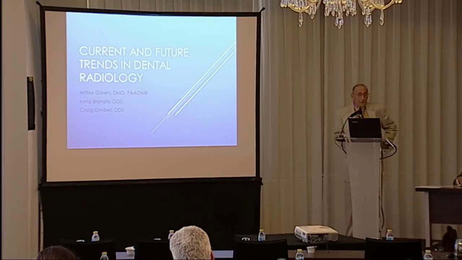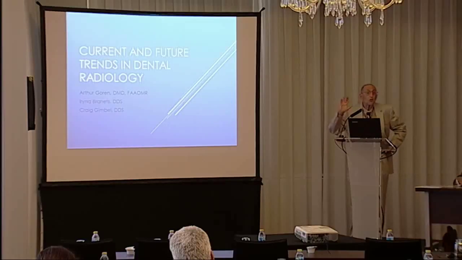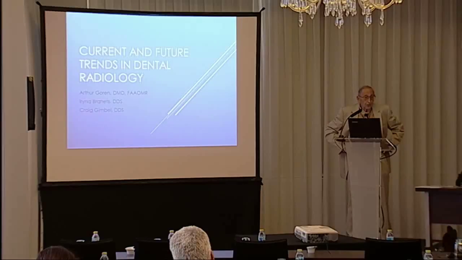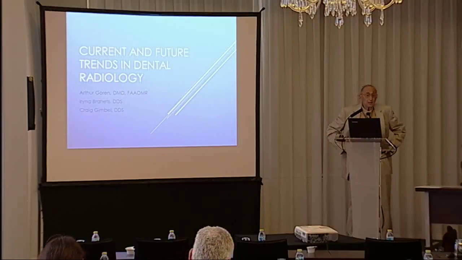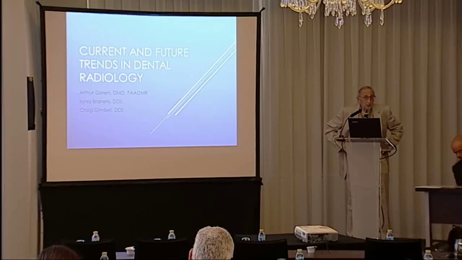Okay, let's say an average full mouth series, I'm going to use a whole number, is 20. If you're using D-speed film, 20 times 250 milliroentgens gives you approximately 5 roentgens of exposure. If you're using the F-speed film, it's 100 times 20, you're giving the patient 2 roentgens of exposure.